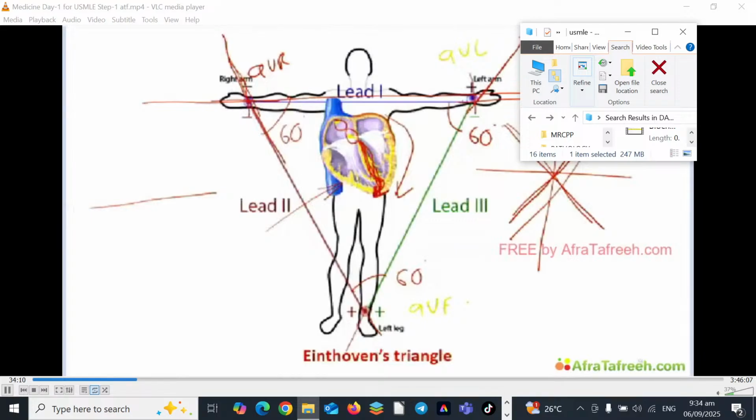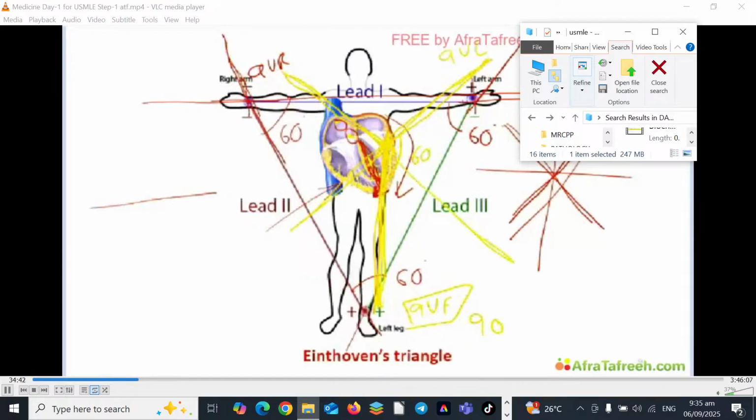So you need to delineate different axis groups, because this lead is seeing the heart from this direction, and this is seeing the heart from this direction, and this is seeing the heart from this direction. And all of it is at 60 degrees to each other. So as this is 90 degrees, this was supposed to be 60 when it comes this way and this way.